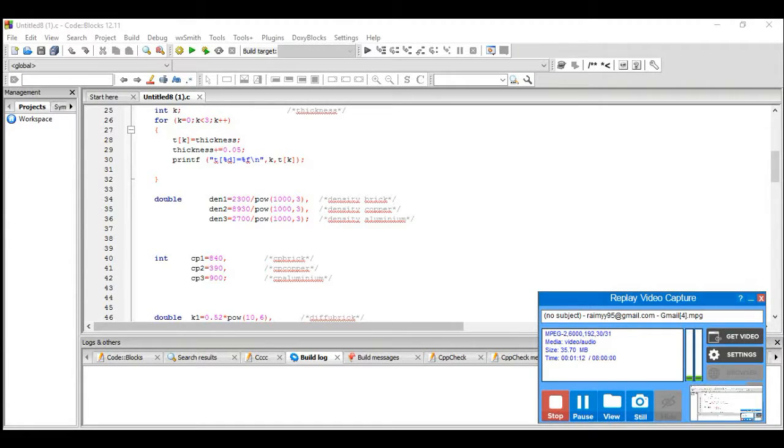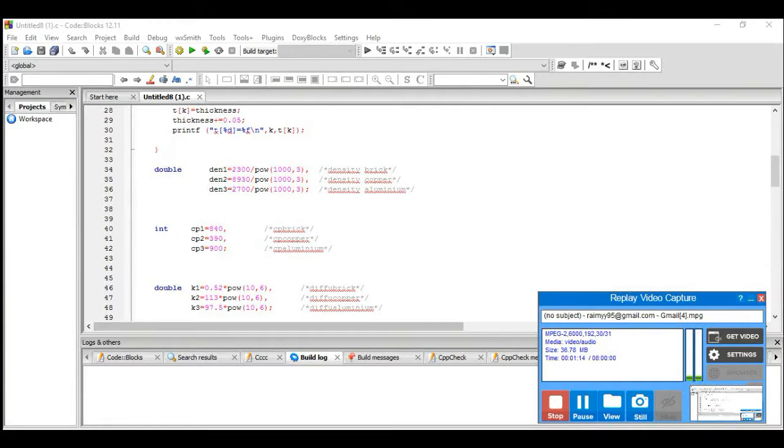So next, I declare all the constants in my program, which are the density, specific heat, and K, which is the diffusivity of the materials.